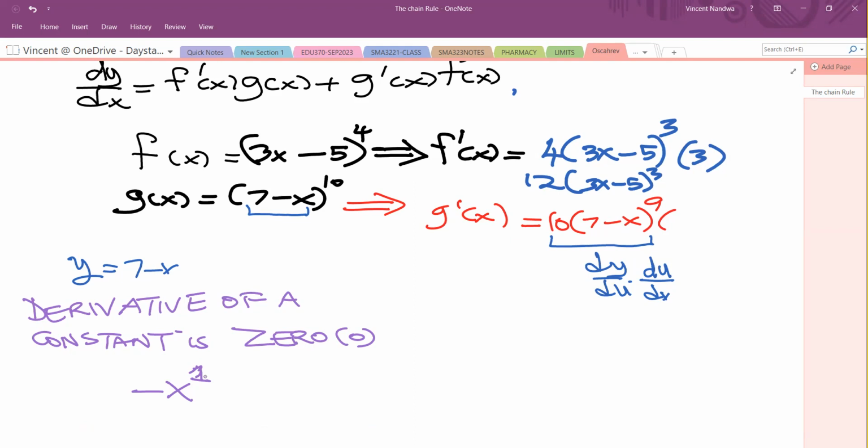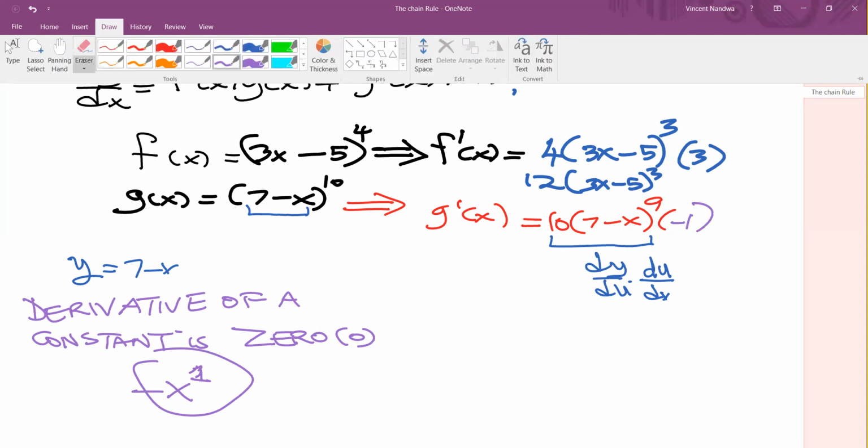And then x power 0. So then the answer is -1, okay? So when you differentiate inside, you get -1. So you write here -1.